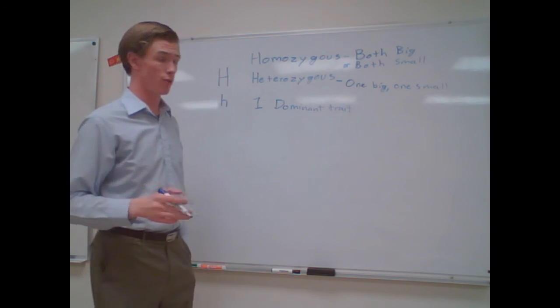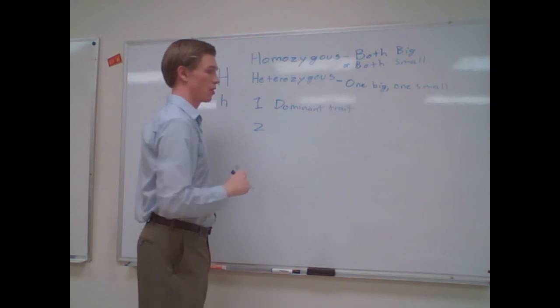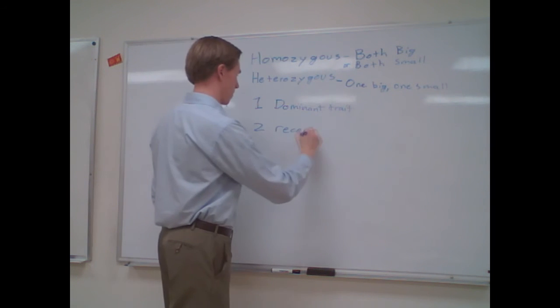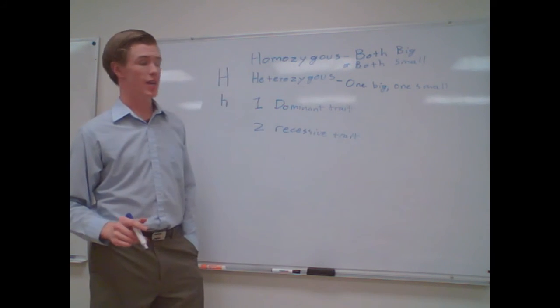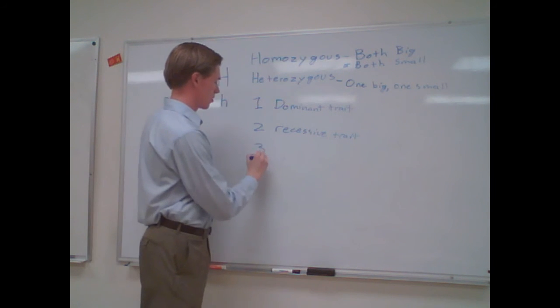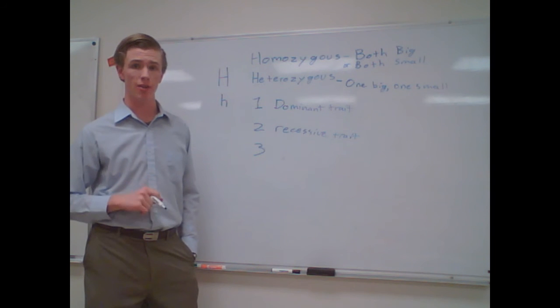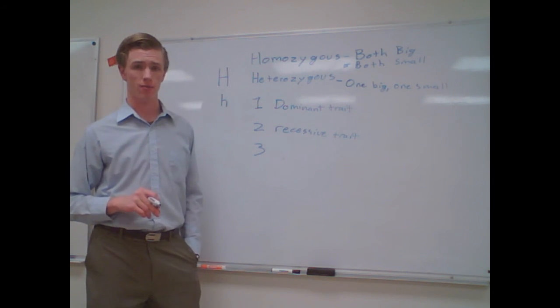For number 2, I want you to write down the recessive trait. Alright? For number 3, I want you to write down the genotype, or the 2 alleles, of what would be a homozygous recessive.